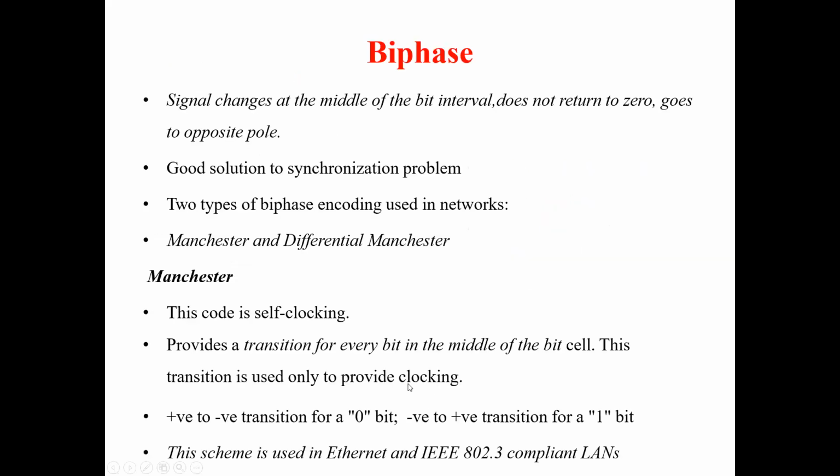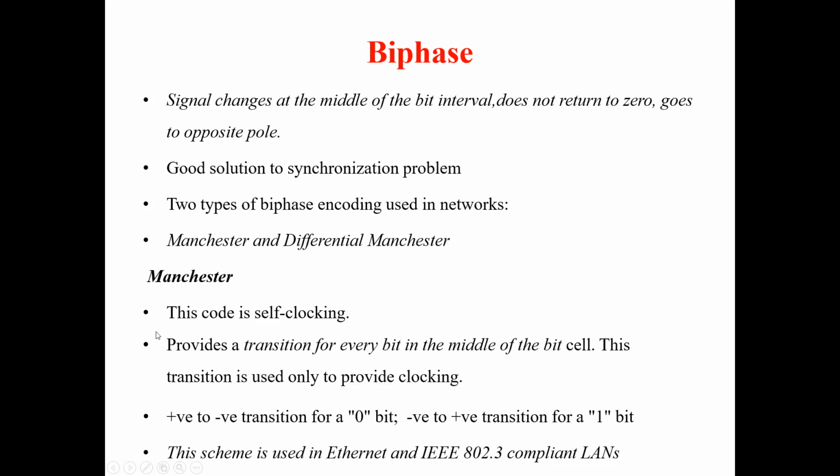Next is biphase. The signal changes at the middle of the bit interval and does not return to zero; it goes to the opposite pole. It is a good solution to the synchronization problem.